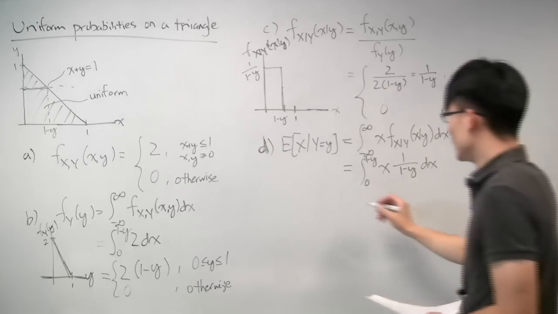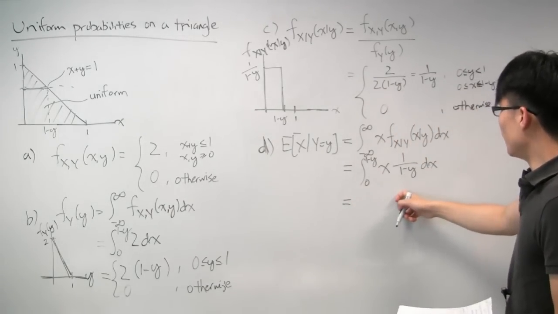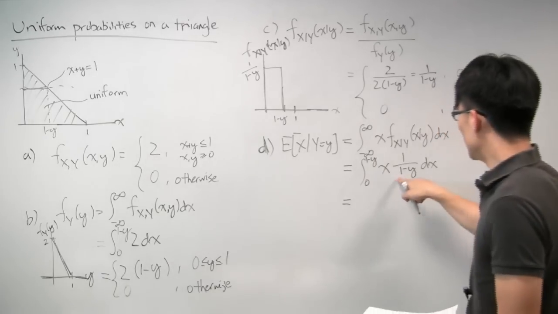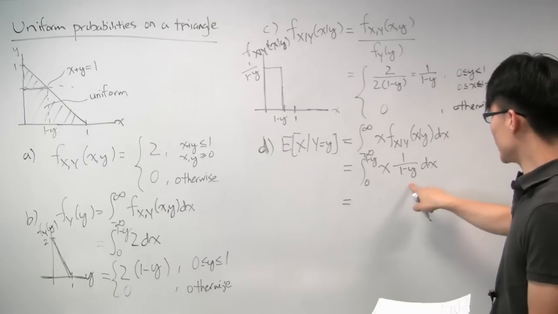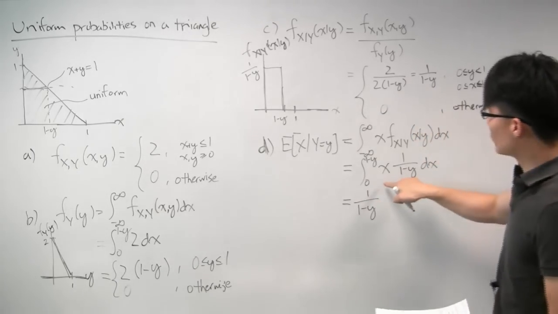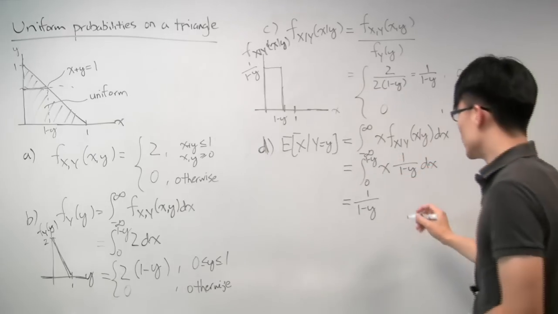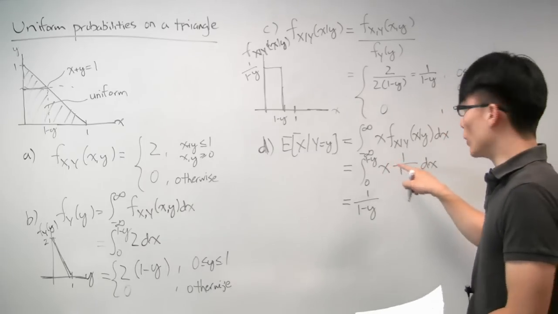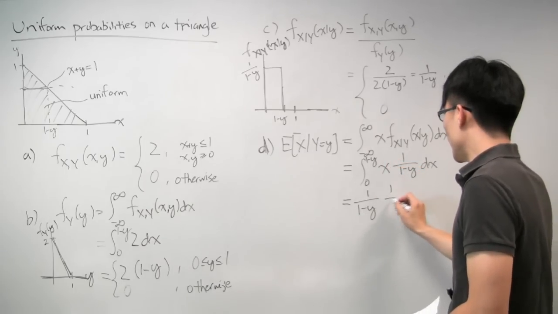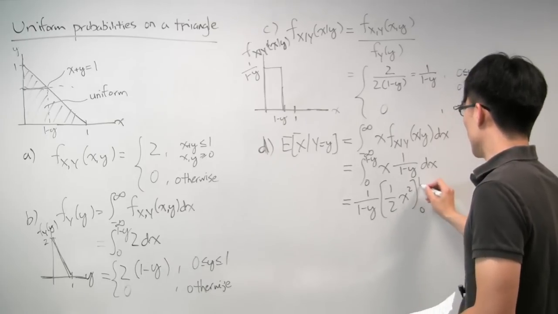All right. So let's actually calculate this integral. This 1 over 1 minus y is a constant with respect to x, so you can just pull that out. And now you're really just integrating x from 0 to 1 minus y. So the integral of x is 1 half x squared, and you integrate that from 0 to 1 minus y.